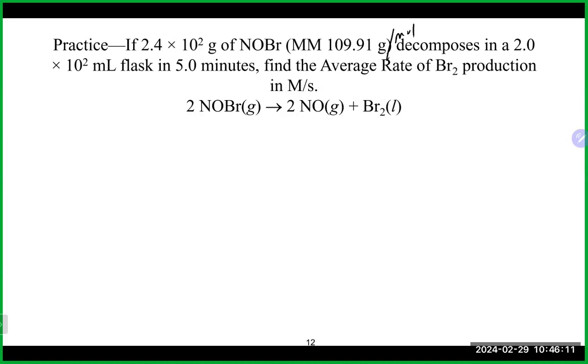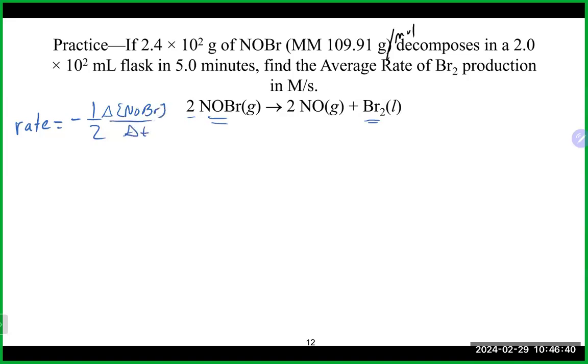Yeah, so let's take a look, see how you're doing. Here we're given some information about NOBr. We eventually want to get over to Br2. So we do want to perhaps just think about the rate expressions for each of those. For our NOBr, the rate is equal to negative because it's a reactant, 1 over the coefficient there, the change in the concentration of NOBr over the change in time.